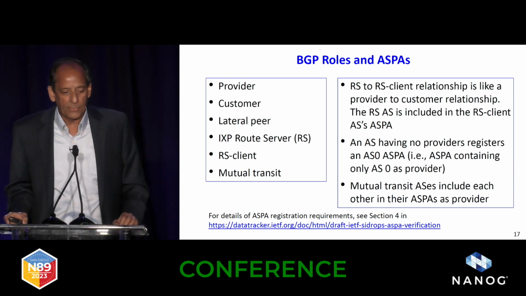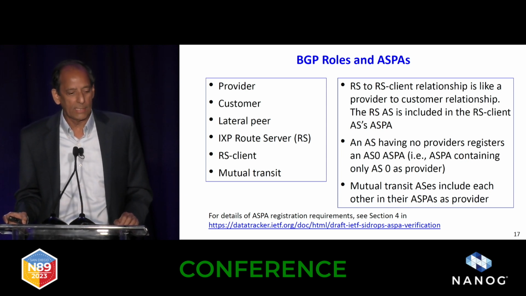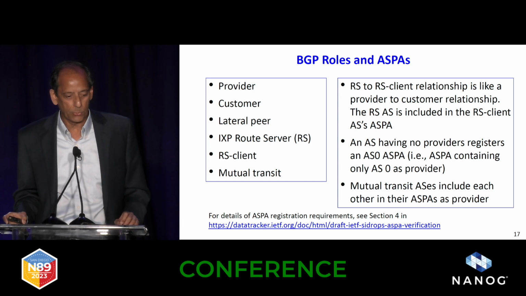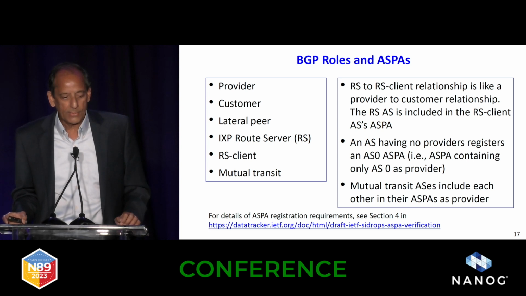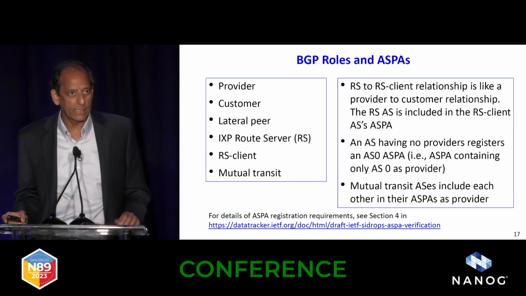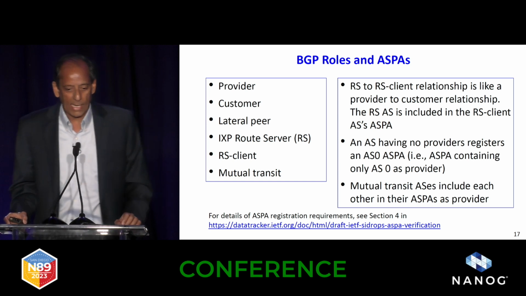In the verification draft, we define these BGP roles. Those are provider, customer, lateral peer, IXP route server, RS client, and mutual transit. Of these, the customer and the route server client would create the ASPAs. Also, the mutual transit ASs would create ASPAs showing each other as the provider.